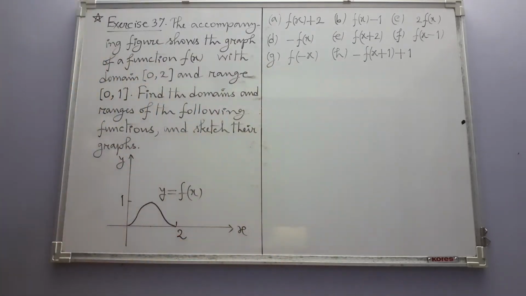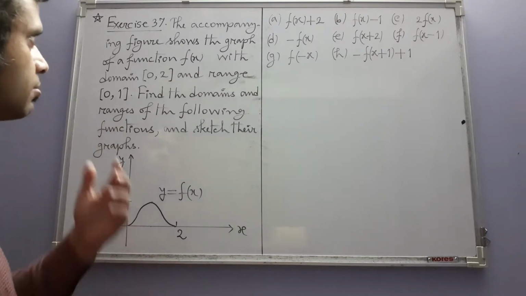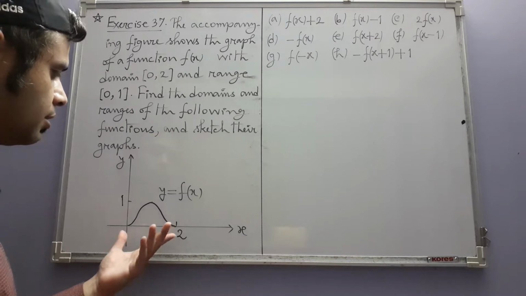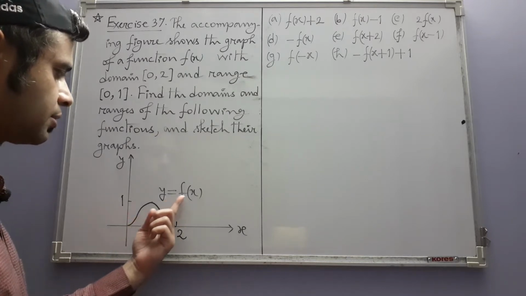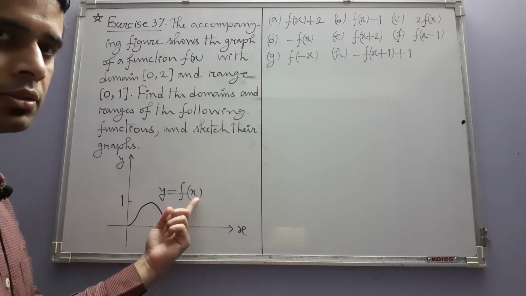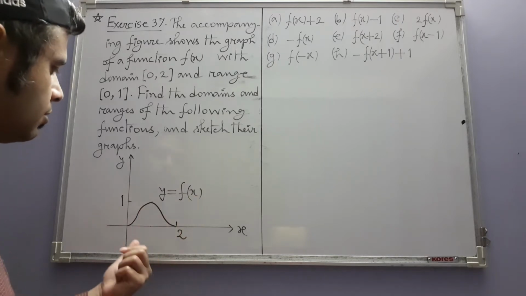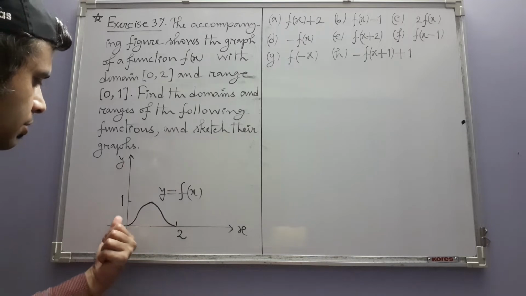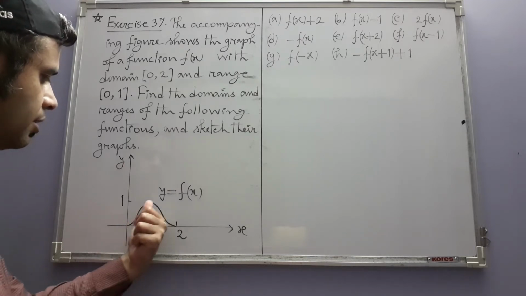So we are going to start with exercise 37. We are given a graph of some function y equal to f of x. What function that is, is not given, only this graph, which roughly looks like this.